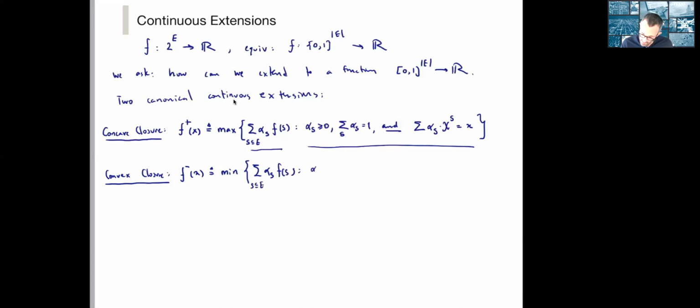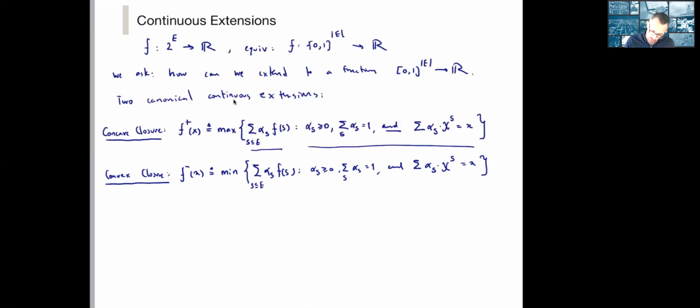Alpha has to be a probability distribution, or if you like, it has to define a convex combination of the extreme points. And it has to be a convex combination whose expectation gives me back x, or basically a convex combination that gives me a decomposition of x in terms of its extreme points.